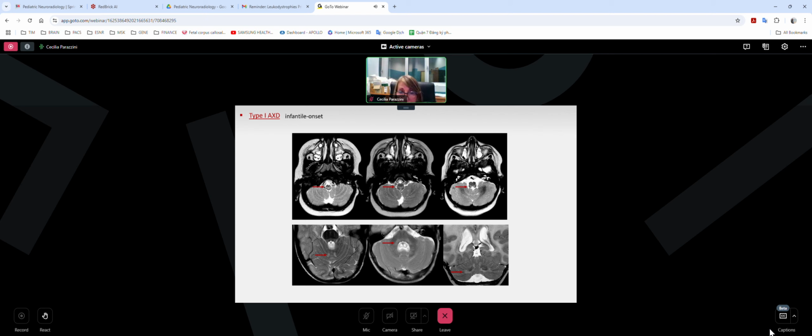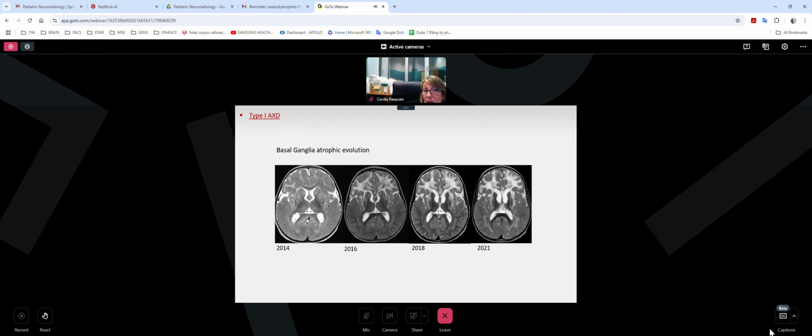Also, infratentorial structures are involved, but at the beginning of the disease, the involvement may be very subtle, so it's important to look for it. Medulla is primarily involved, mainly posteriorly and in a symmetrical way, but also cerebellar white matter, mainly in the peridentate nuclei.